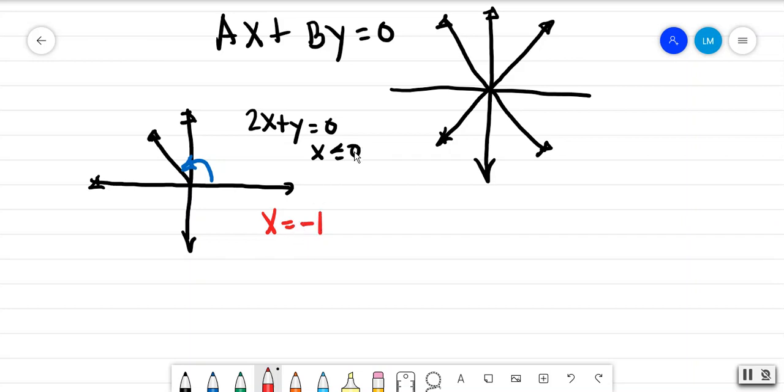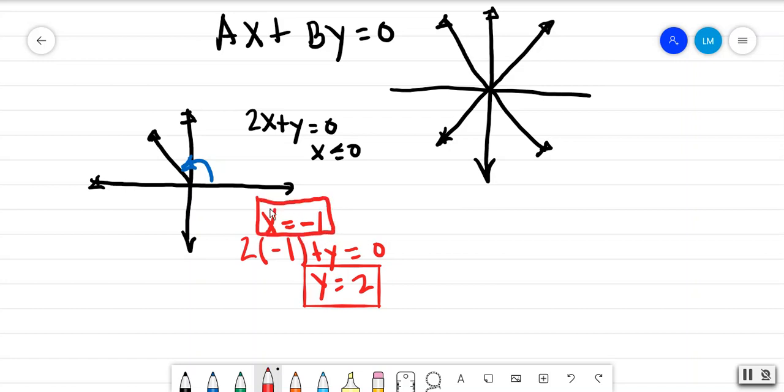Keep in mind that you have to choose one that's less than 0. How do you find the y variable? That's just algebra. You have 2 times -1 plus y equals 0, so y equals 2. So your ordered pair is -1, 2.